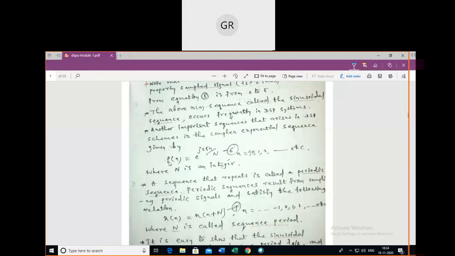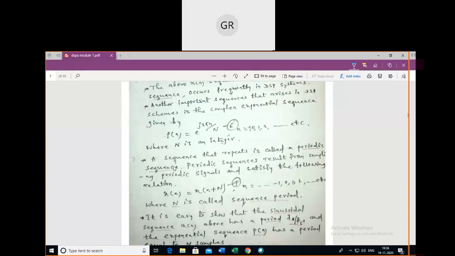It is p of n equal to e raised to j 2 pi n divided by capital N, where n equal to 0, 1, 2 and so on, where N is an integer.